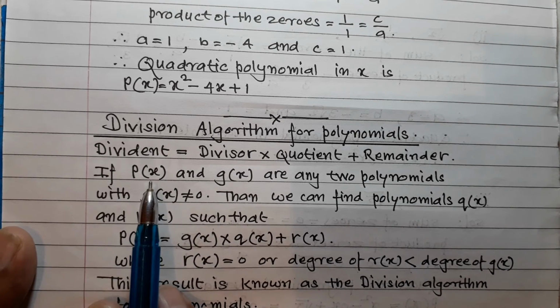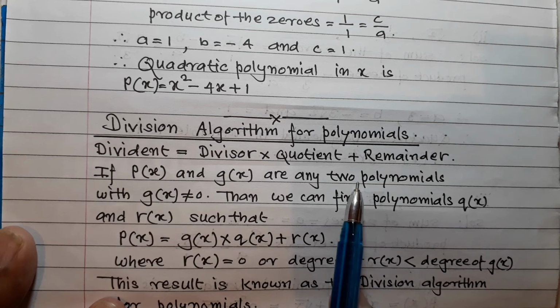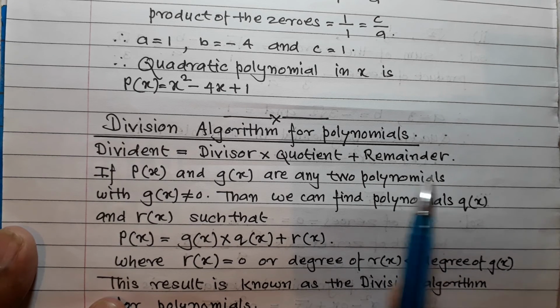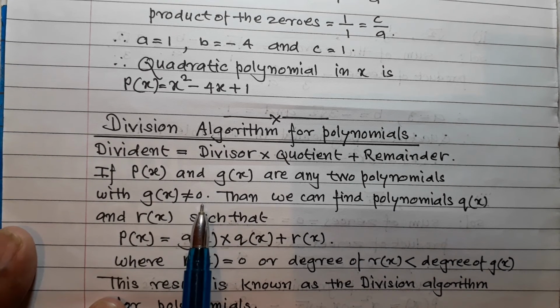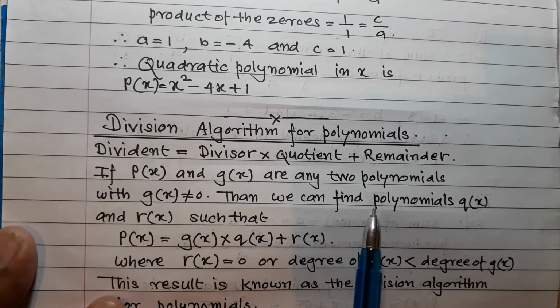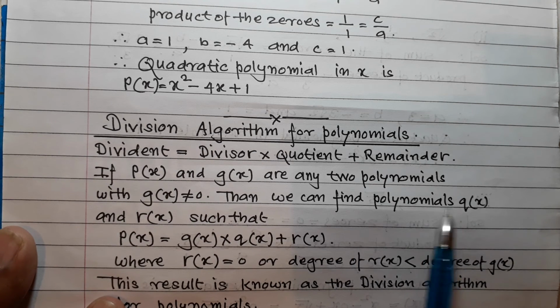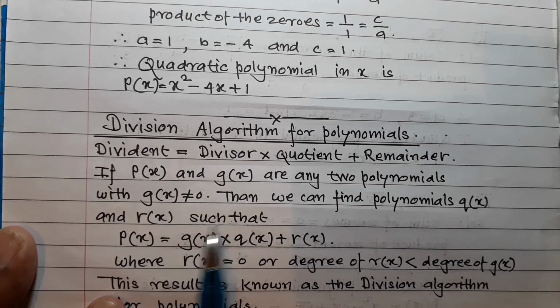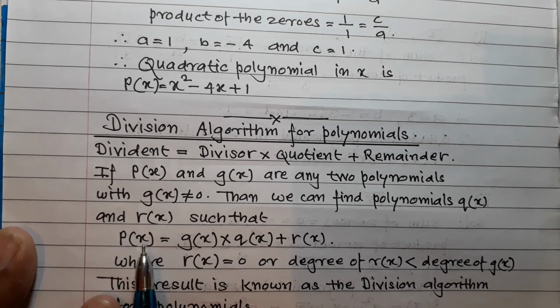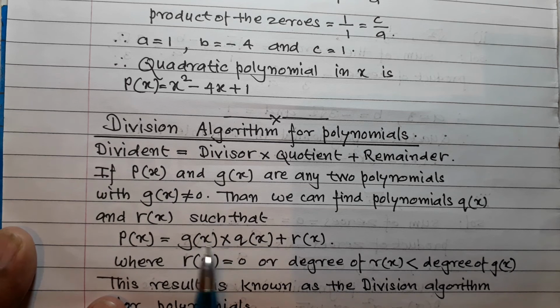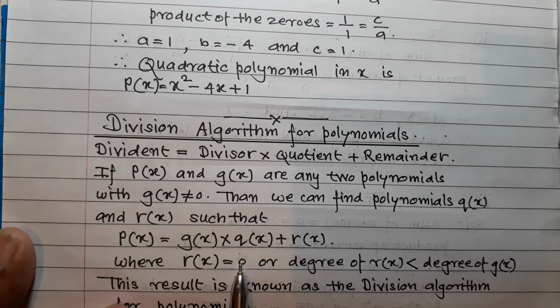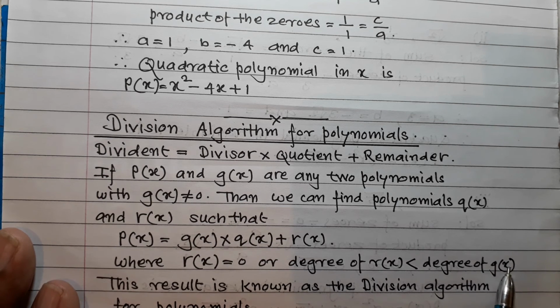So if p(x) and g(x) are any two polynomials with g(x) not equal to 0, then we can find polynomials q(x) and r(x) such that p(x) is equal to g(x) into q(x) plus r(x), where r(x) is equal to 0 or degree of r(x) is less than degree of g(x).